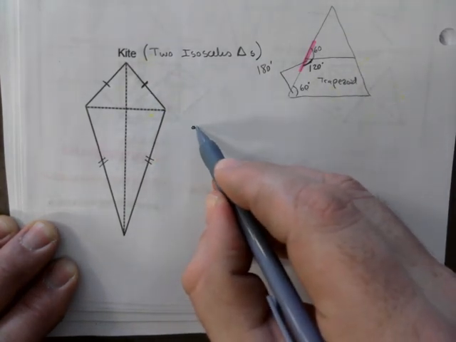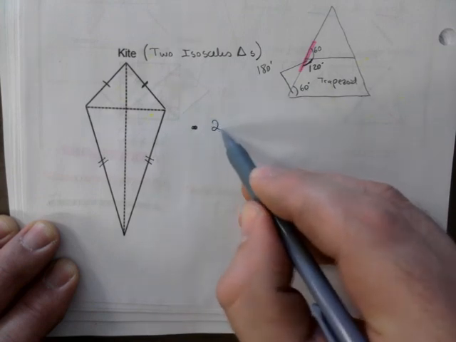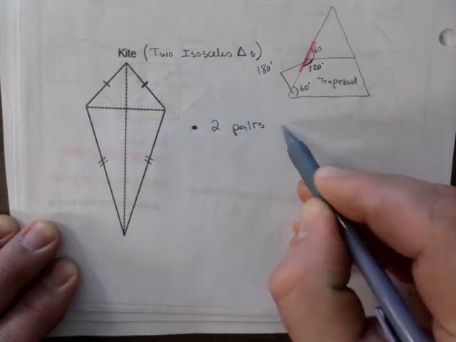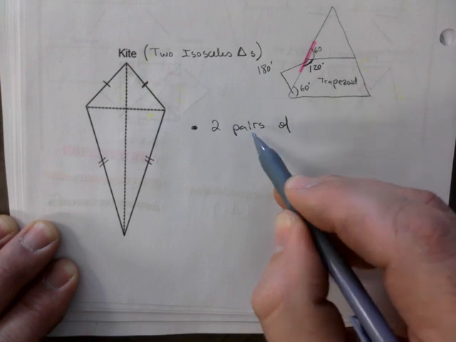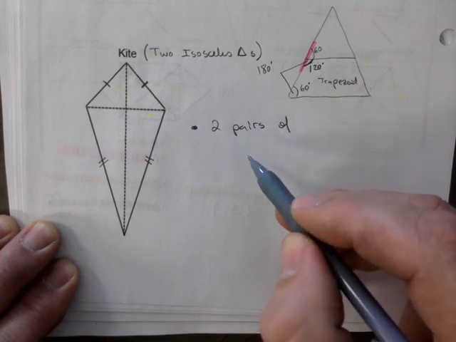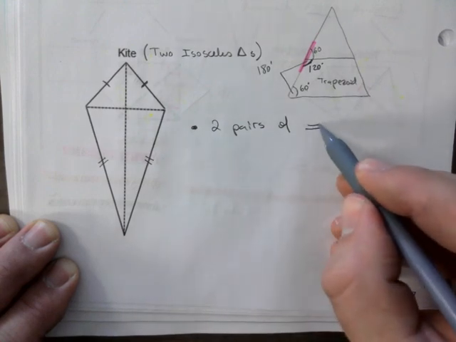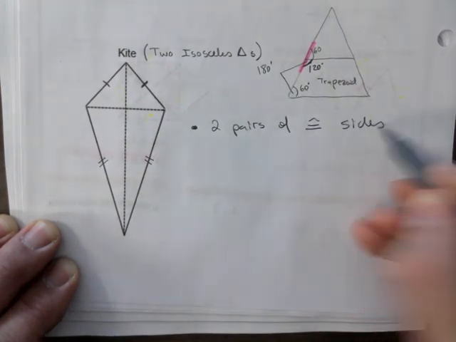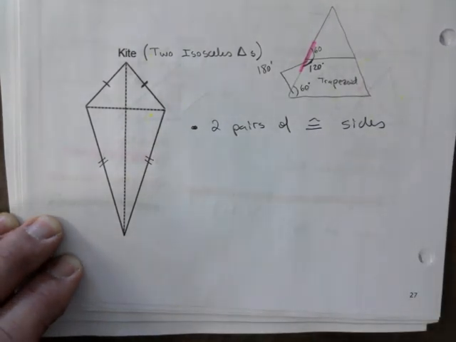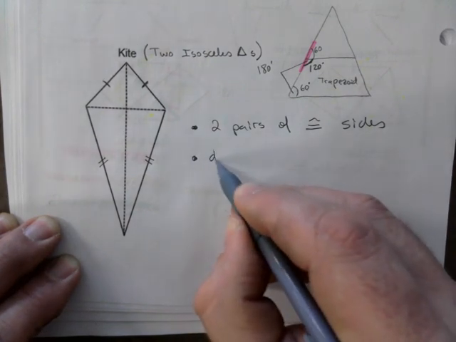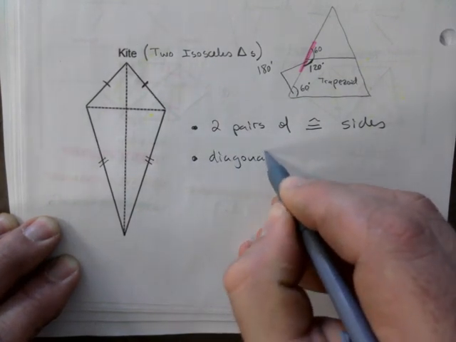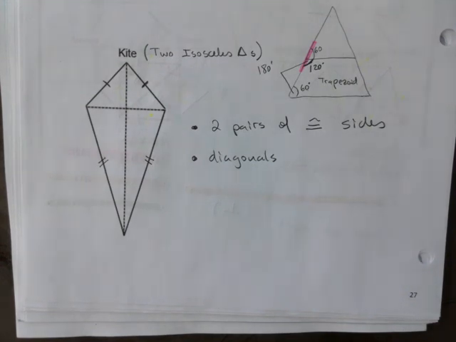So I will give you some properties. 2 pairs. Notice I use pairs, meaning there's 2 pairs of congruent sides. Okay. Diagonals. Do you think they bisect?